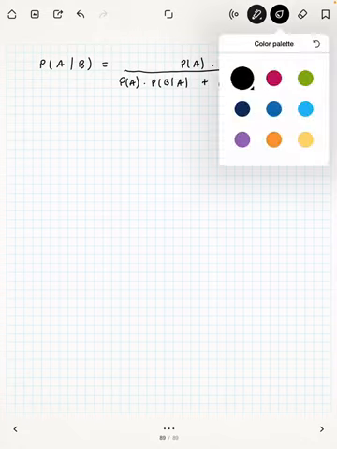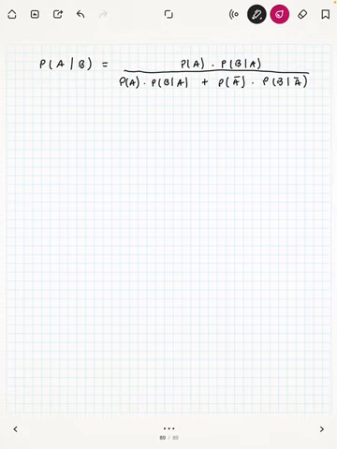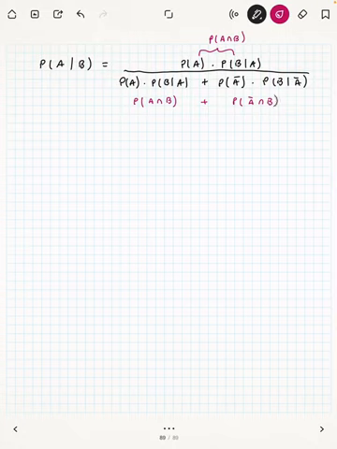So if you recognize this as a probability of intersections, we're looking at the probability of A intersect B out of the probability of A intersect B plus the probability of A bar intersect B. And the reason we do this is because essentially we're finding this probability by partitioning B in terms of A and A bar.